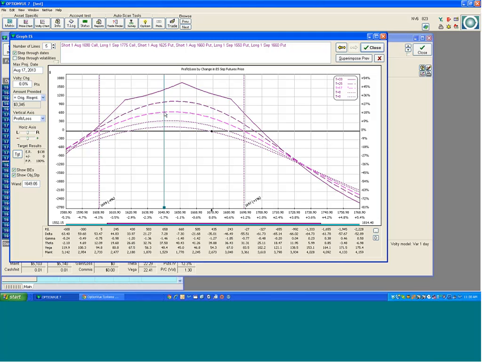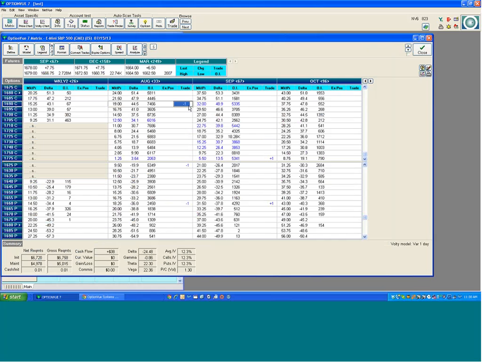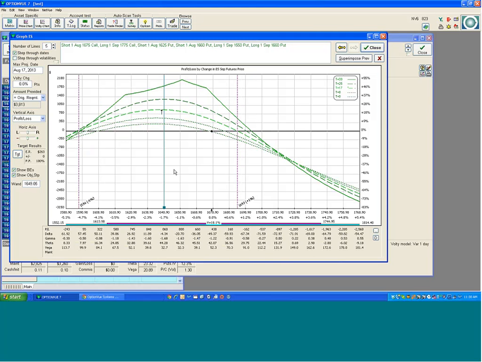And maybe at that point, you would want to make another delta adjustment. You could do another credit call spread, for example. You could buy to close the 1690 call, and you could sell to open, let's say, the 1675 call. And then you would be 4 deltas short in 17 days, still with a positive Vega factor.